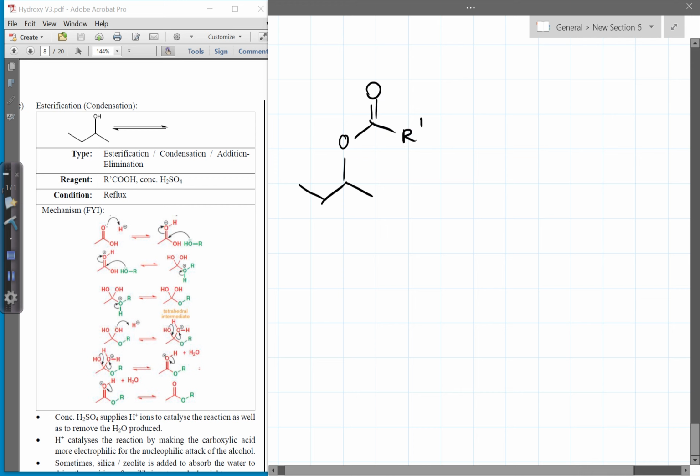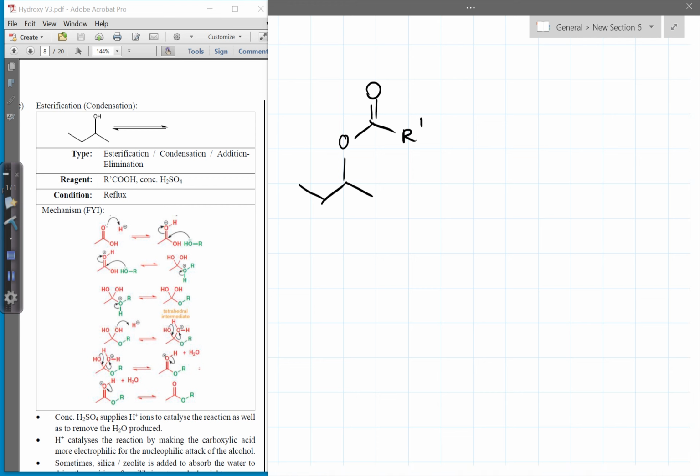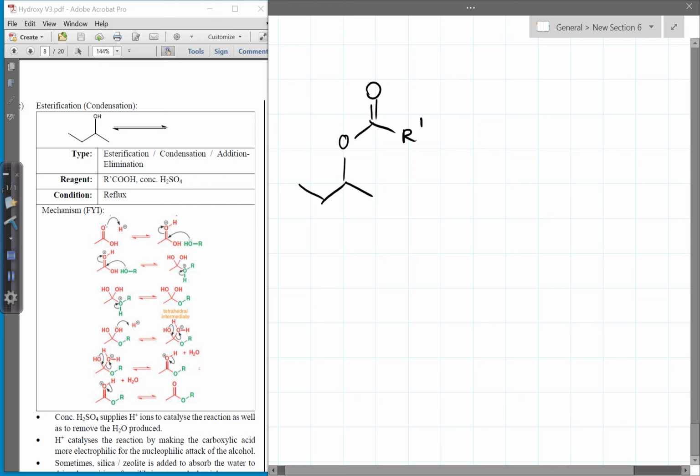Quite simple. And it's an equilibrium reaction, take note, right? Have you learned that? No, you have never learned in secondary school, right? But you have learned in A levels that by adding excess reagent, you can favor the product more. But of course, you want to add a cheaper reagent, right?